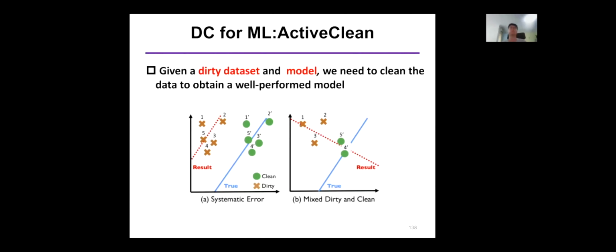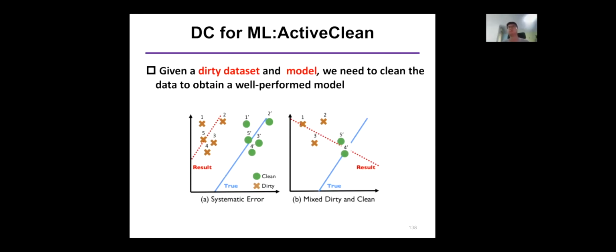From figure one, this cross denotes the dirty data. There are 5 data objects, and the green ones are the clean versions of the crosses. We can see that we train 2 models, and they are so different. So this figure shows that cleaning is necessary for the machine learning task. The second figure answers the question of whether we can just clean a part of the data and then train a model.